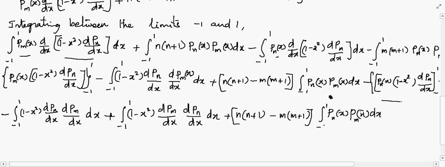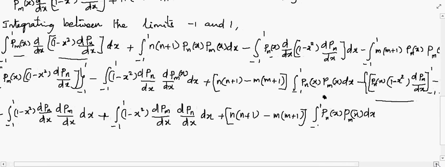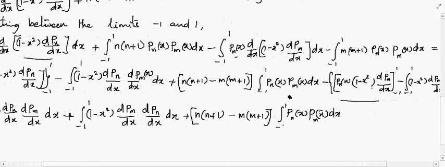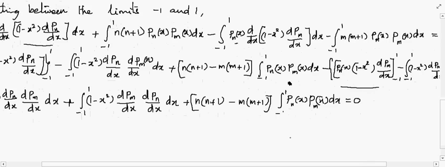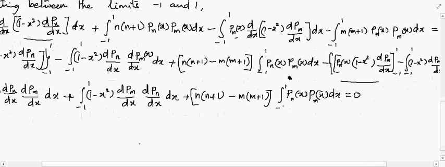When you apply the limit in this term, it will also become 0. Yes, and this term I have written already. So this is equal to 0. Now the first two terms will get cancelled.